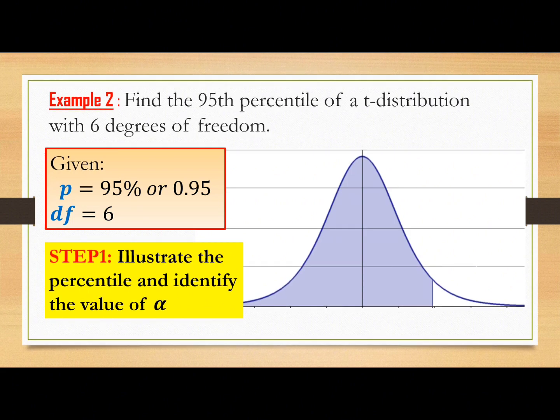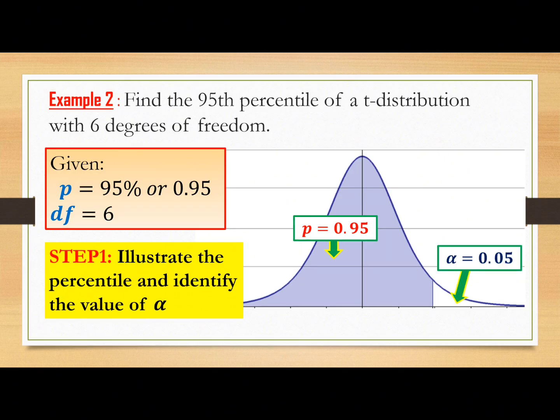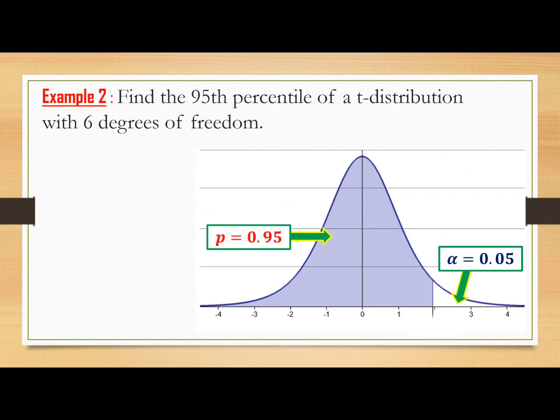Step 1 is illustrate the percentile and identify the value of alpha. We illustrate our givens on the curve. Here we place the percentile, and on the other side is our alpha. We got alpha by 1 minus the percentile of 0.95, which is equal to 0.05. Then here again we place our test value, which we will get from our t-table.